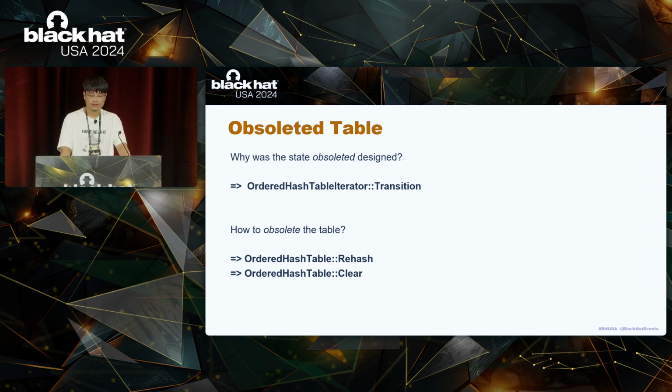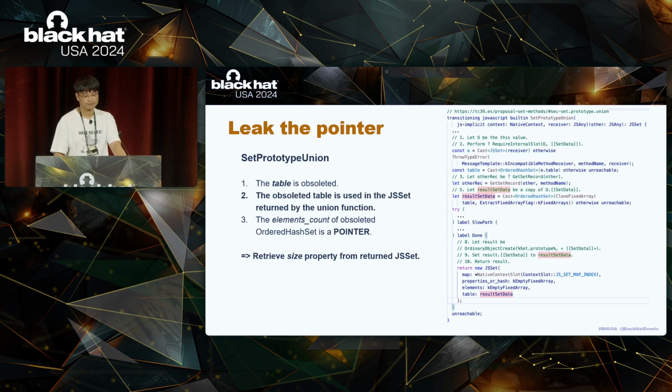The final question is how to obsolete ordered hash sets. The process can be triggered in 2 ways: either by adding or removing elements so that their length reaches a certain threshold, at which point V8 obsoletes the original ordered hash sets and creates larger or smaller ordered hash sets, or by directly executing the clean function. In these exploits, we are using the first method.